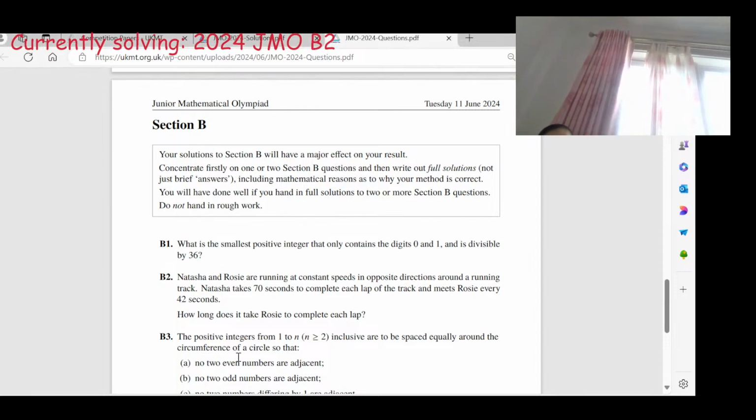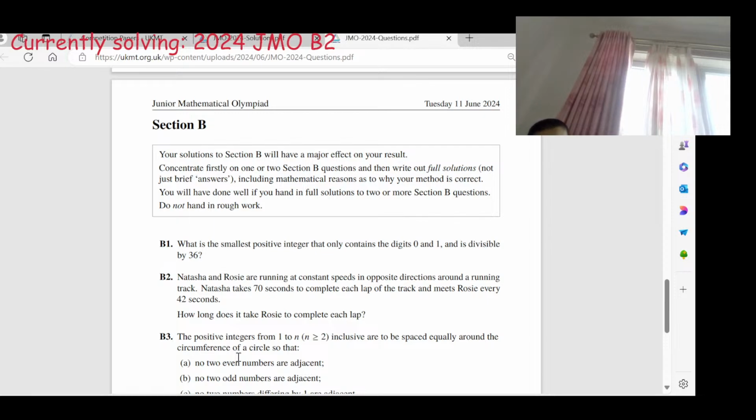Okay, Natasha and Rosie are running at constant speeds in opposite directions around the track. Every 42 seconds.